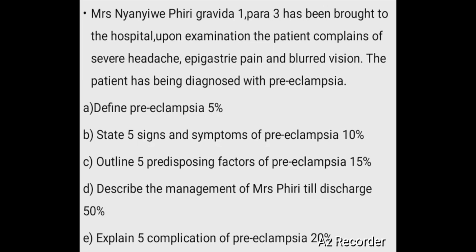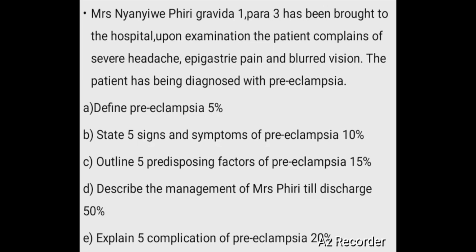Another predisposing factor is chronic hypertension. So an individual who has had chronic hypertension before getting pregnant is at high risk of pre-eclampsia or pregnancy superimposed hypertension.